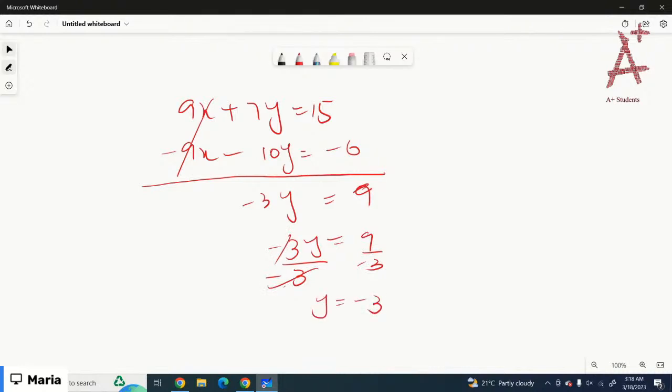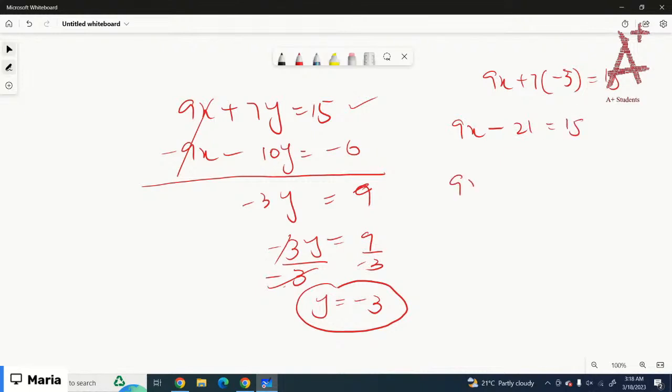Now you're going to substitute this value y equals negative 3 in any of the equations. Got it? I'm going to put it in equation number 1. 9x plus 7 times negative 3 equals 15. So it would be 9x minus 21 equals 15.